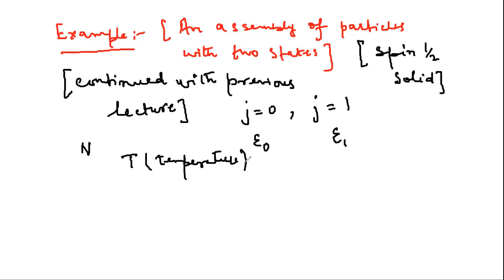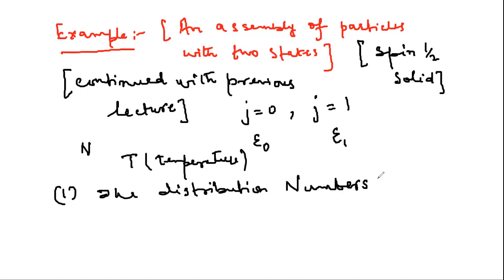So in the last lecture, we first figured out the expressions for the distribution numbers, also called the occupation numbers of the two states.